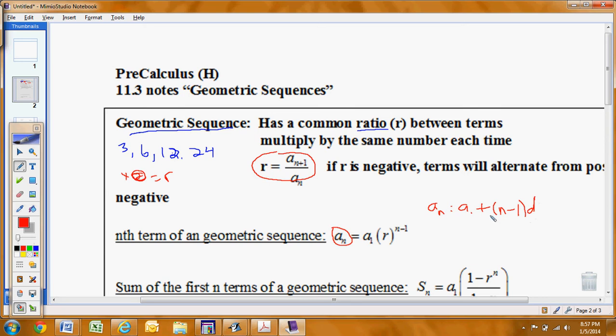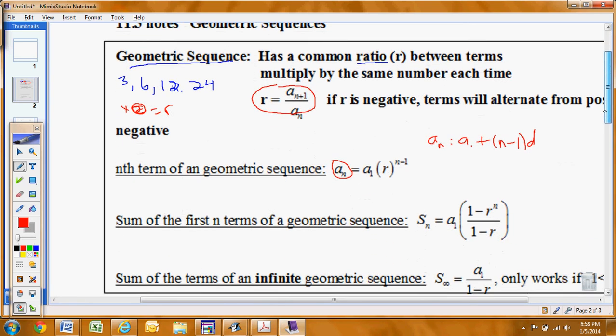So to memorize that, we would just take the first term and add d n minus 1 times. Same thing here. To find the nth term of a geometric sequence, you take the first term and multiply by r n minus 1 times. So they're very similar to each other, but you need to have those memorized for the test.